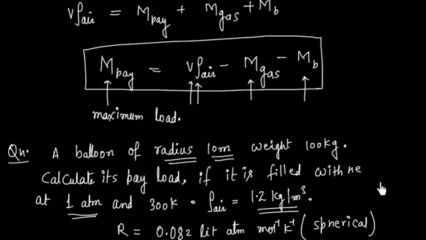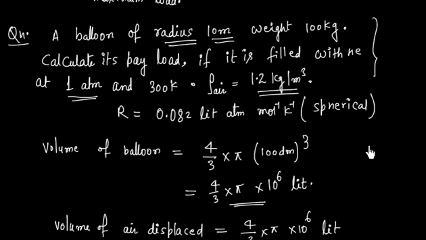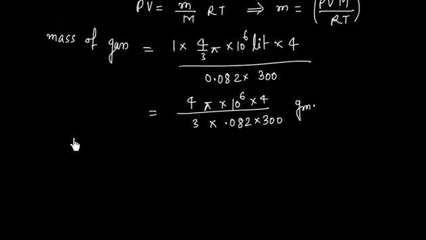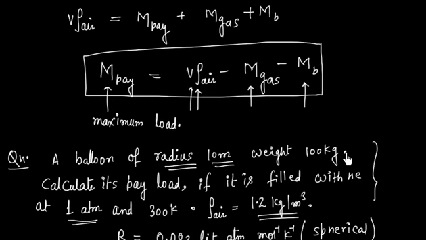Mass of balloon in this case is 0 because nothing is said about it, so we assume it is approximately 0. So mass of payload equals mass of air minus mass of gas.